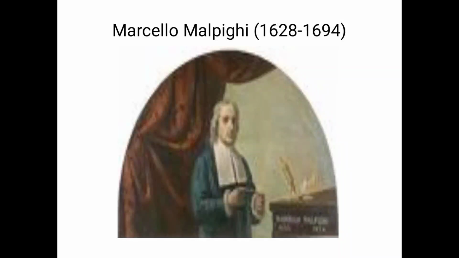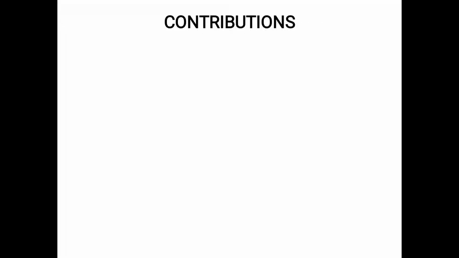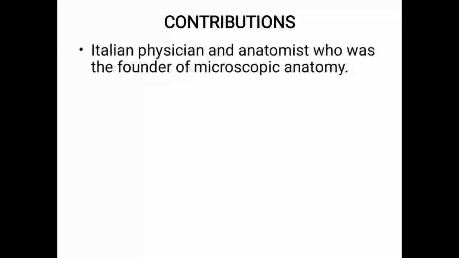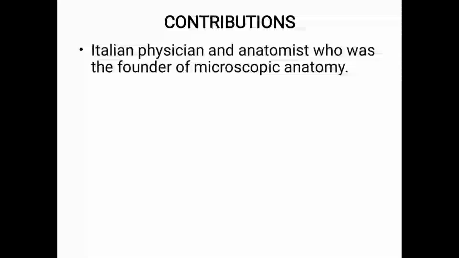After William Harvey, it was followed by Marcello Malpighi, whose scientific years include 1628 to 1694. Who is Malpighi? Malpighi is an Italian physician and anatomist who gave us the microscopic perspective of the human body.